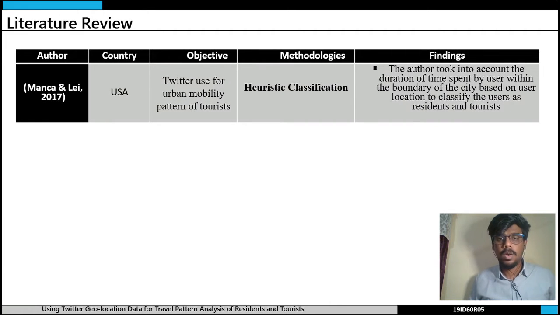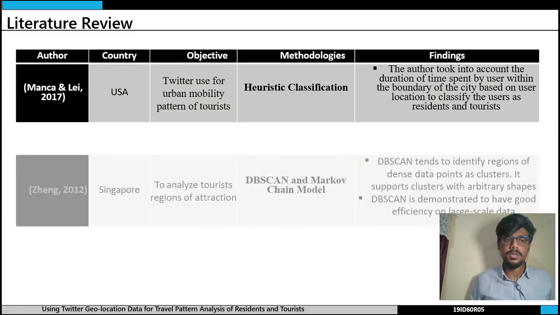The other research includes spatial temporal analysis of geotagged tweets. What he did was use a heuristic classification technique to classify residents and tourists of the city. His main objective was to find the urban mobility pattern of tourists. He classified users by the duration of time spent within the boundary of the city, based on user location, to classify users as residents and tourists.